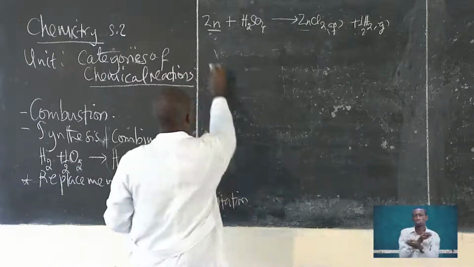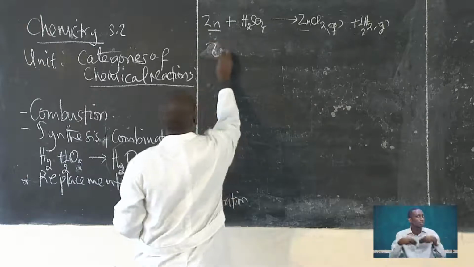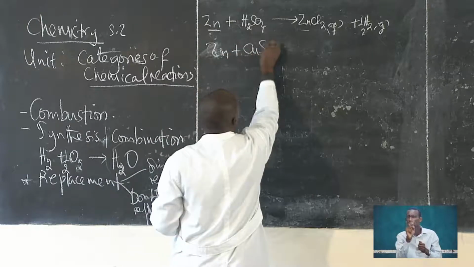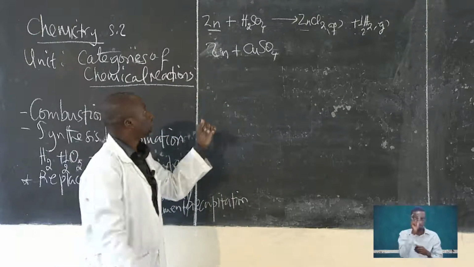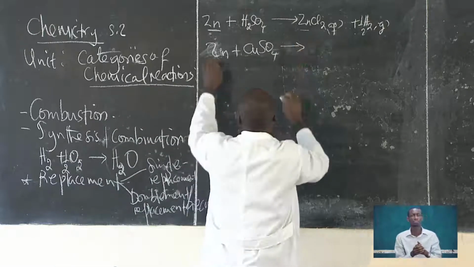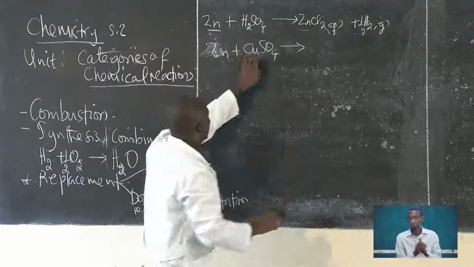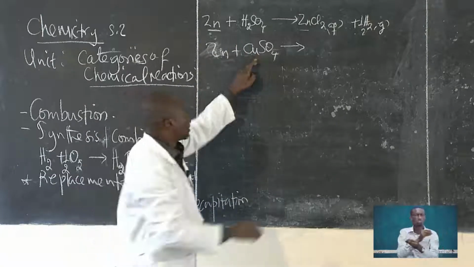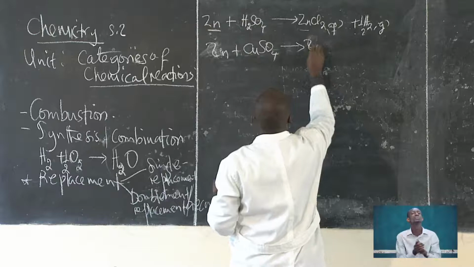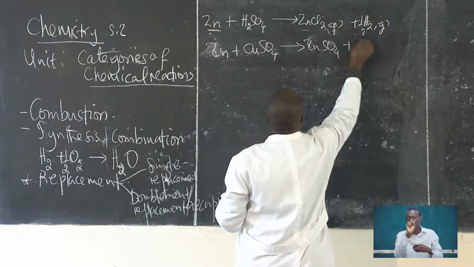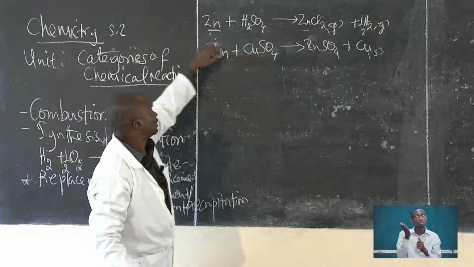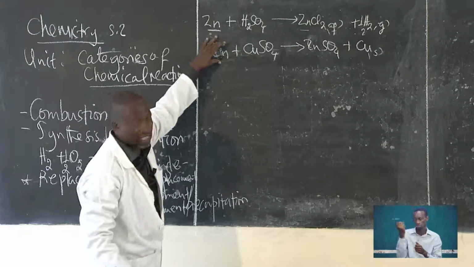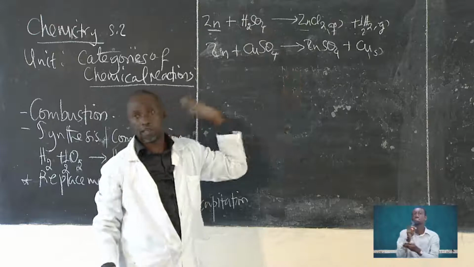Or if you have zinc, and I remember we did this experiment together, we said this zinc can displace the copper from its solution to form zinc sulfate and the copper metal. So this copper is displaced by zinc, and this is a single replacement.